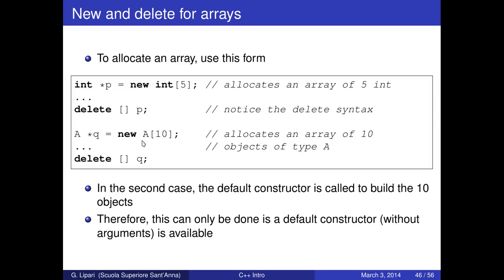This means that you need to have a constructor with no arguments, because you cannot pass arguments to these constructors. So you need a default constructor which takes no argument for constructing A, otherwise this will give you an error. And delete is just the same. You just delete an array of objects of type A.